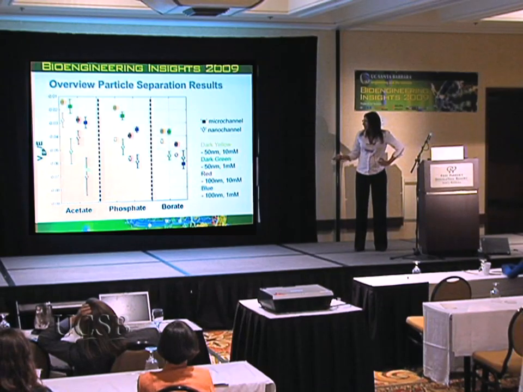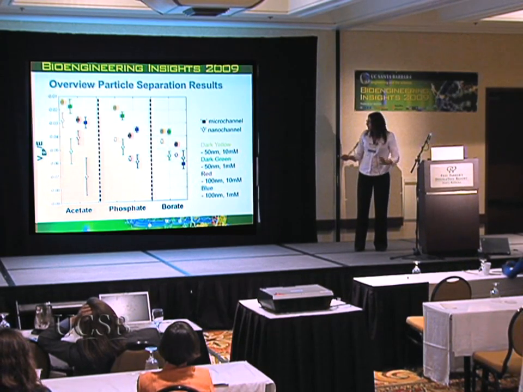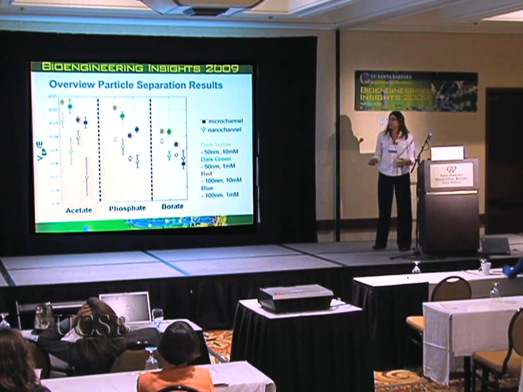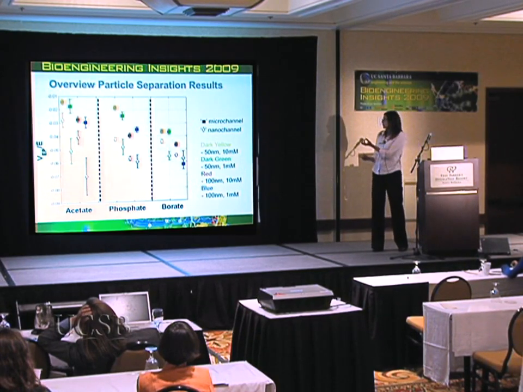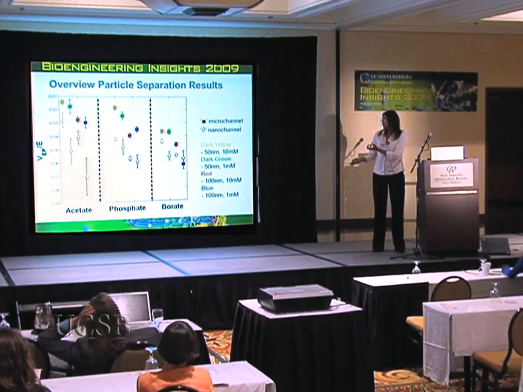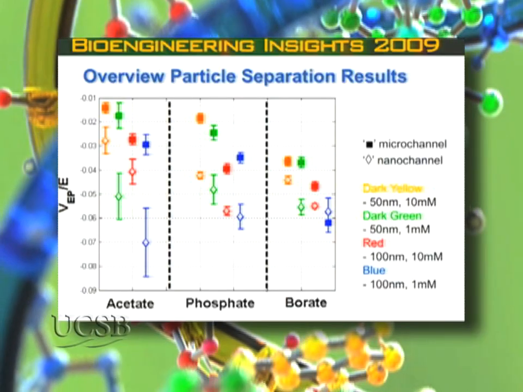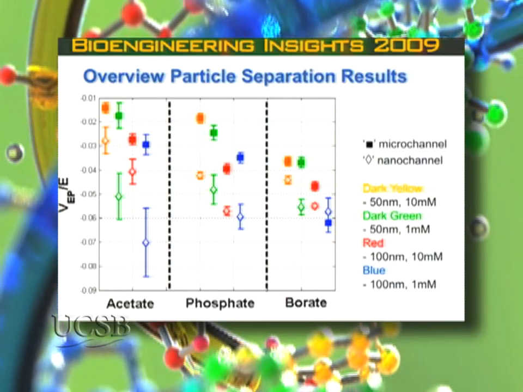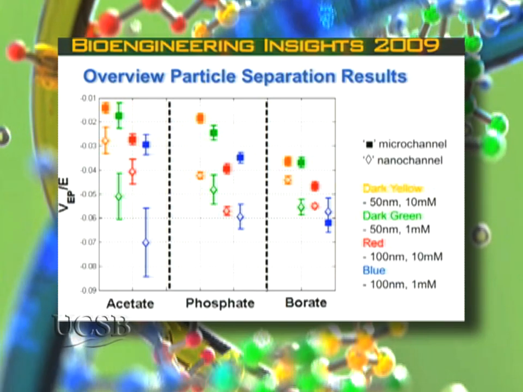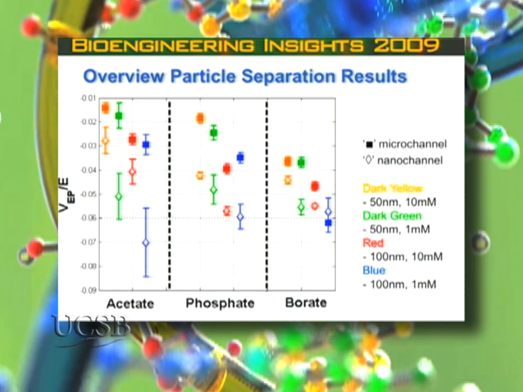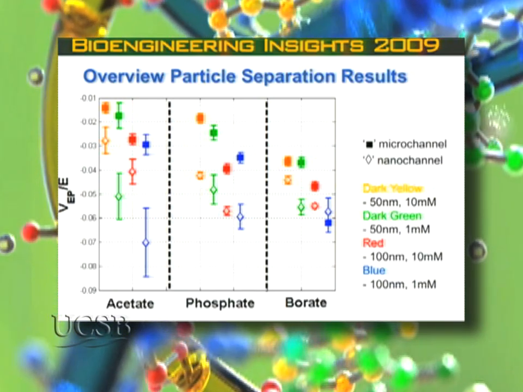But all 600 experiments, acetate, phosphate, borate, 3 different buffers. And the main point of this graph is to see that microchannel and nanochannel behavior is different. What you're seeing on the y-axis is the normalized electrophoretic mobility. The way that these molecules move in a nanochannel is very different than a microchannel. It depends on pH a lot.